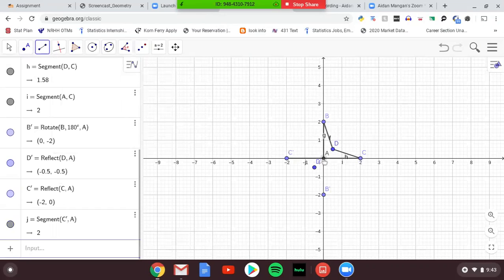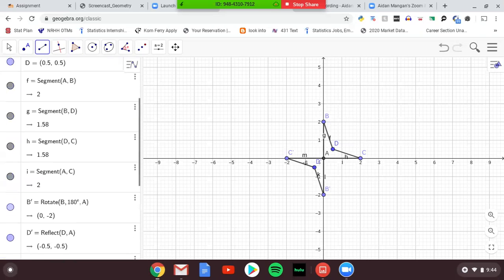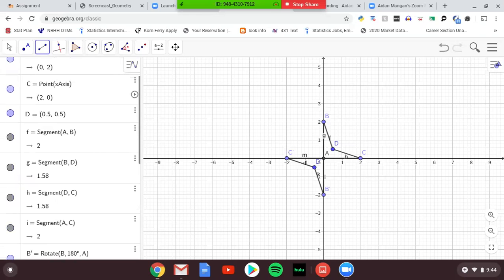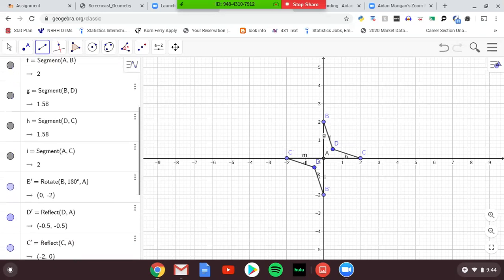So the way that we can tell that this is a pure rotation is that the lengths of these sides are now the same. I kept these relatively simple, so segment J and segment K are both 2, which is what they are for G and H. For F, and then we have G, which is 1.58.